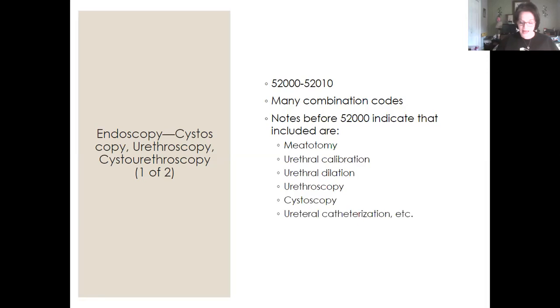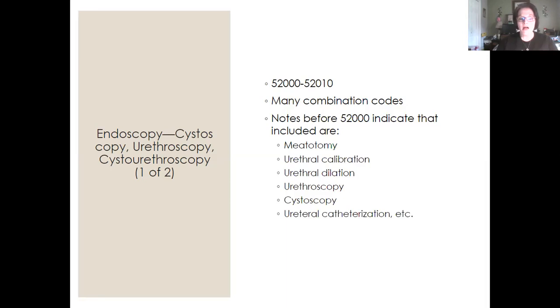Take special care in this category to read codes carefully. All of the procedures included are found in the description. Many third-party payers have a list of edits on codes that cannot be reported with other codes. So 52000 through 52010, there are many combination codes.